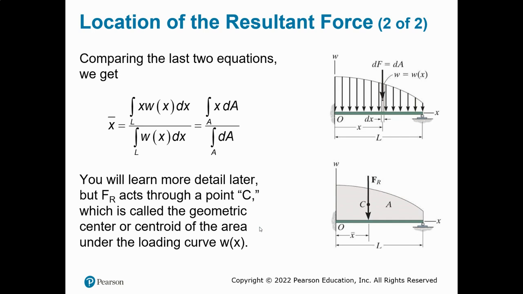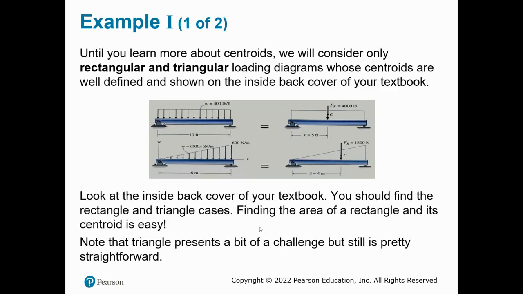In the next chapter, we're going to talk about the center of gravity, and you will learn more detail there. But right now, F_R, the resultant force, acts through a point C, which we call the geometric center, or the centroid, of the area under the load curve W(x).